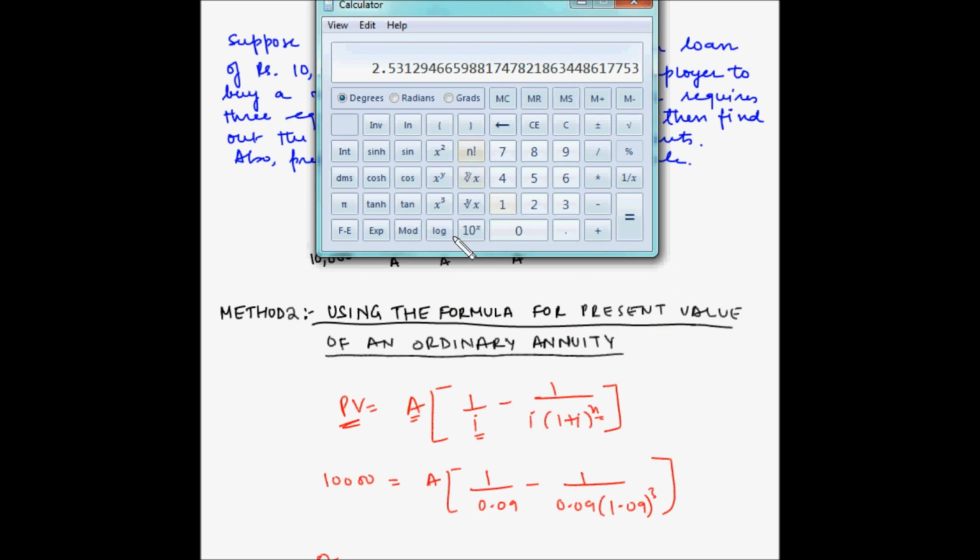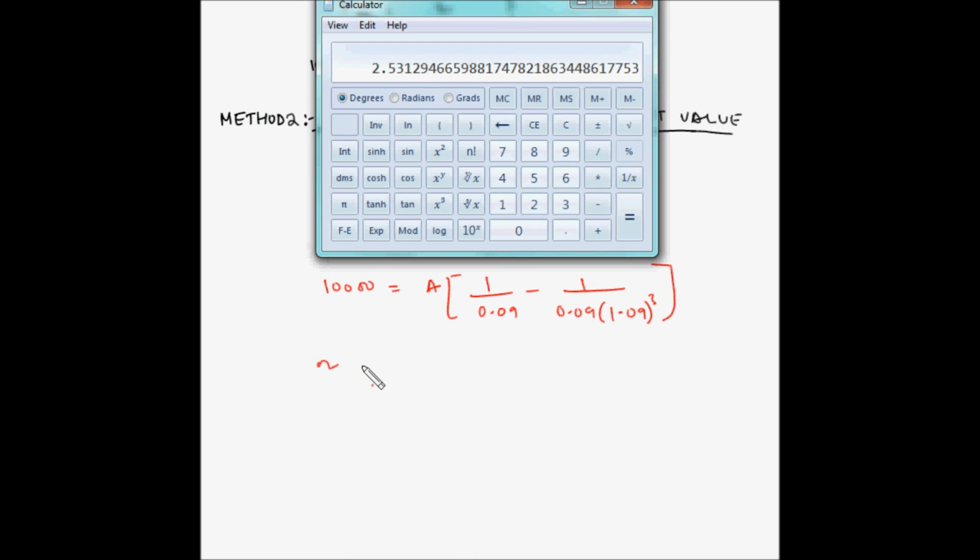And again, this is a huge value, so it depends where you want to round it off, at 2 decimal or 3 decimal. In our case, we'll round it off to 2 decimal here. So 10,000 is equal to A into 2.53, or A is equal to 10,000 divided by 2.53.